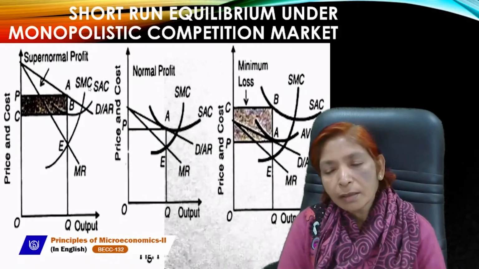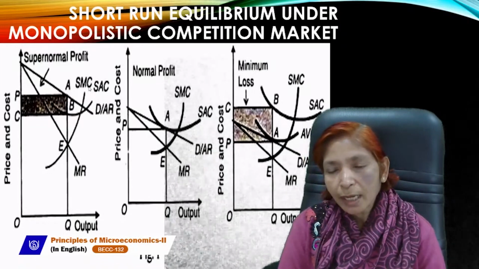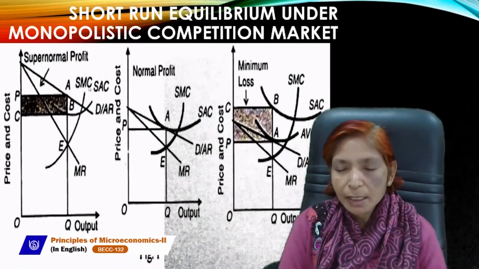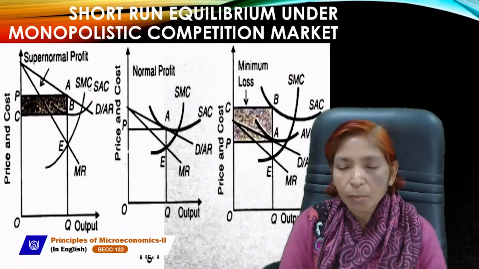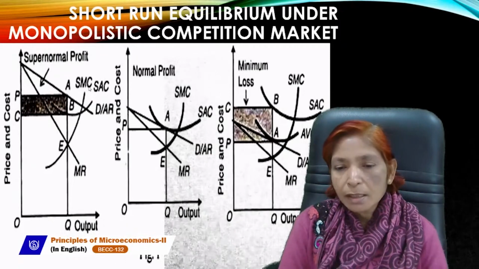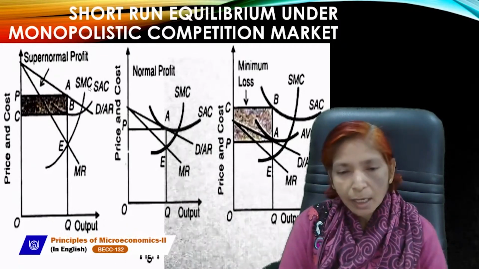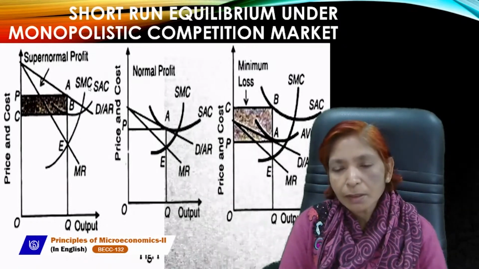So here, first of all, equilibrium will be determined where MC cuts MR. MC always cuts AC or AVC at its lowest point or minimum point. In this diagram, the AR curve is downward sloping, and MR is also downward sloping. MR always remains below the AR curve.